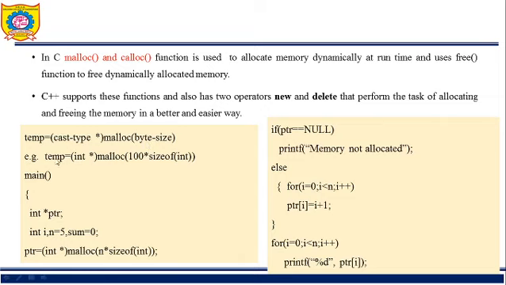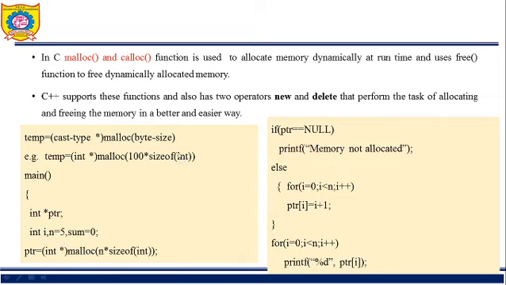Example: this temp is a pointer variable which holds the address, equal to malloc, where we need to allocate memory for integer type of data. How much memory? 100 integers into size of integer.